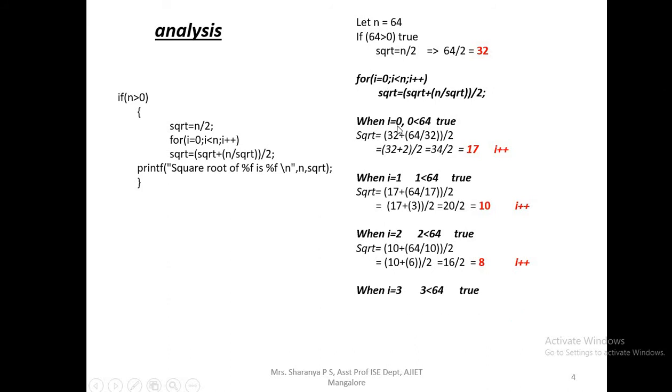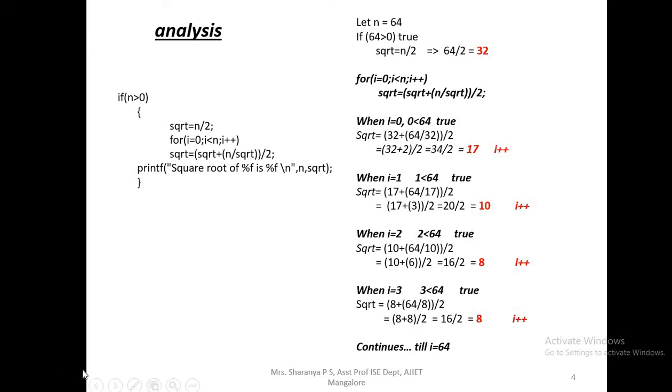You can take any kind of analysis to resolve this program. So with I equal to 3 and 3 is less than 64, this condition is true, so the process will continue for the next. So finally here the final result is already computed as 8.